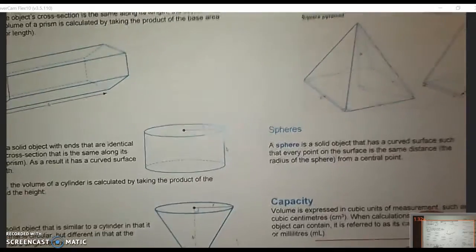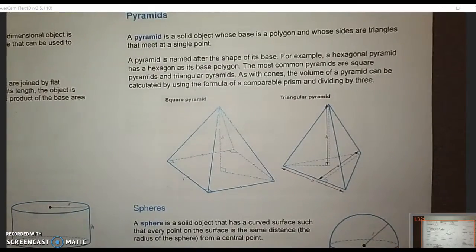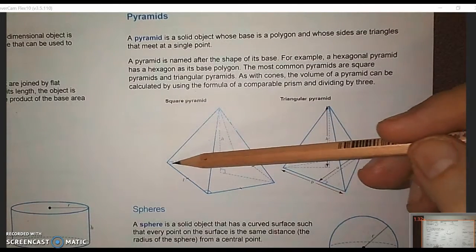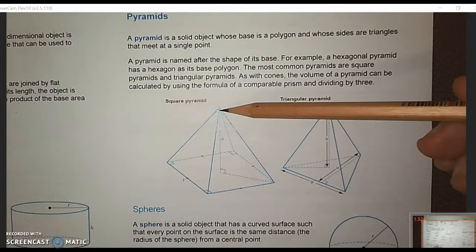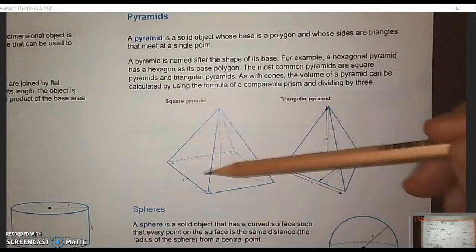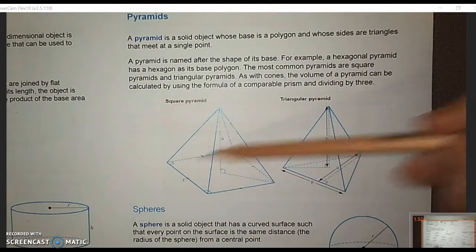Then we have a pyramid. So a pyramid has a shape at the bottom, and it comes to an apex at the top. So it's similar to a cone, only instead of having a circular base, this one here has got a square base.